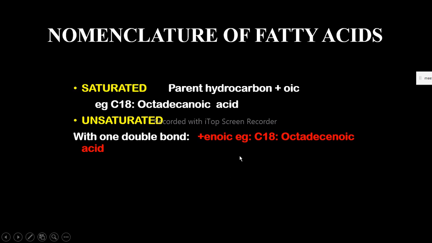Sorry for that. It is the same nomenclature. Remember, double bonds are alkenes, so instead of alkane, we add en and then oic. So that is octadecenoic.